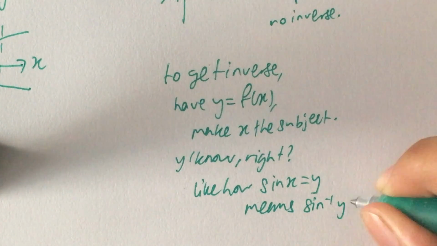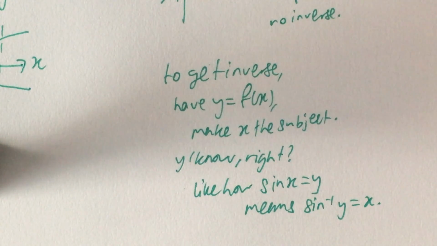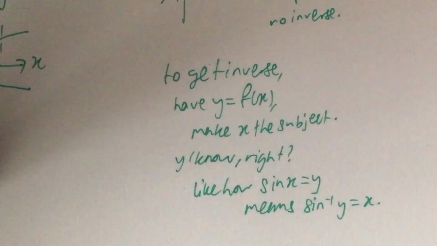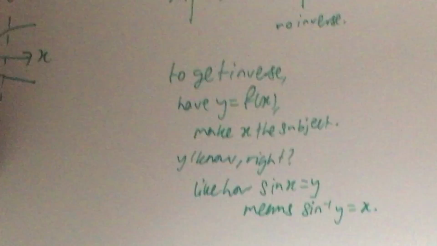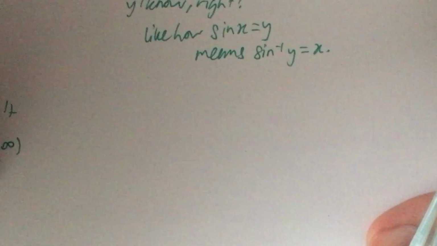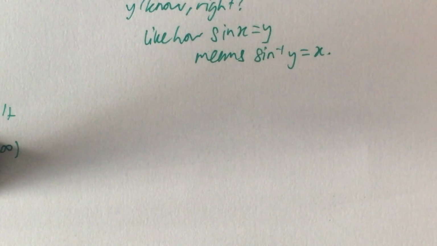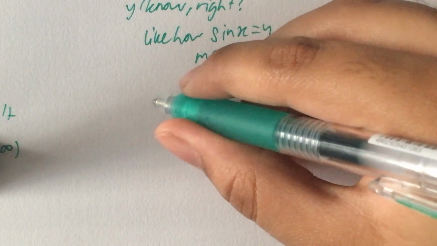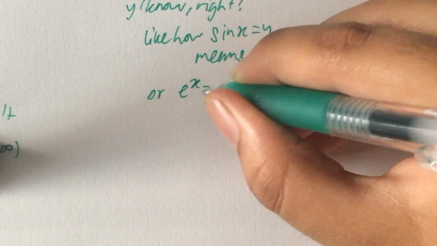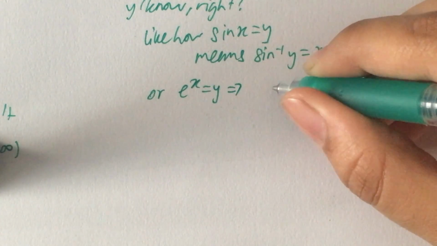Actually, an easier way to see it is, for example, if you have something like e to the power of x and ln x, and you know that if e to the power of x is y, then ln y is equal to x.